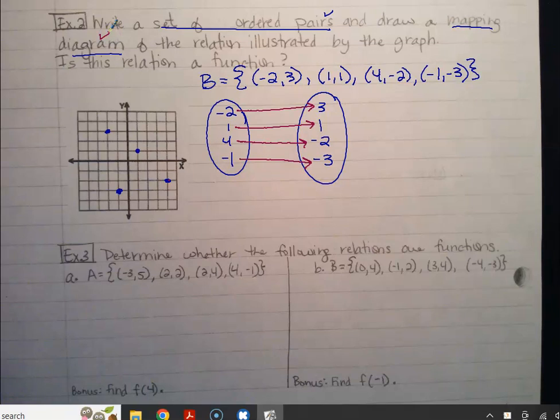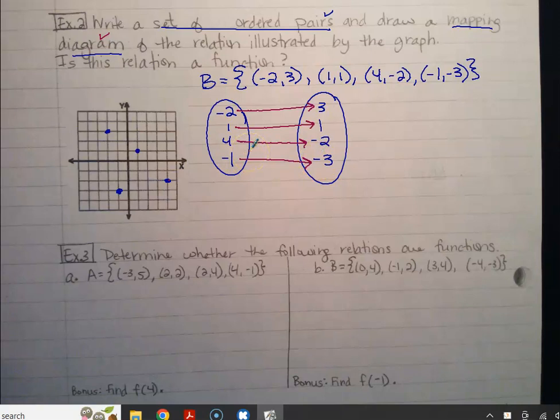Is this relation a function? Remember, what was the statement that we made? What was the function? It's a special relation where each x is matched with one range value. Each x is matched with one, x is your domain, with one range, and each one's matched with one, right?